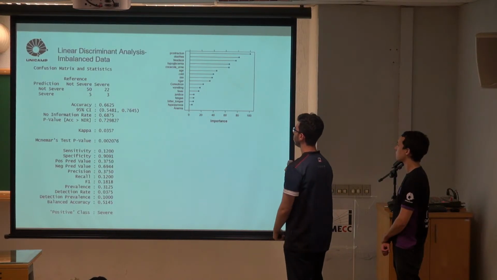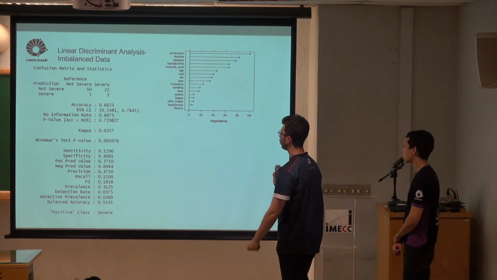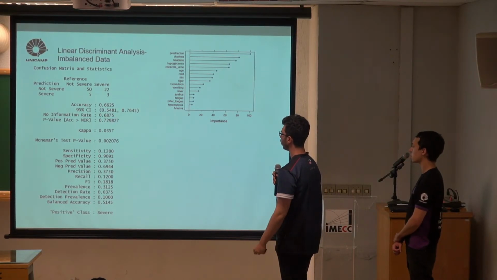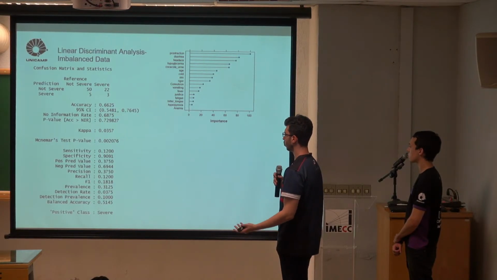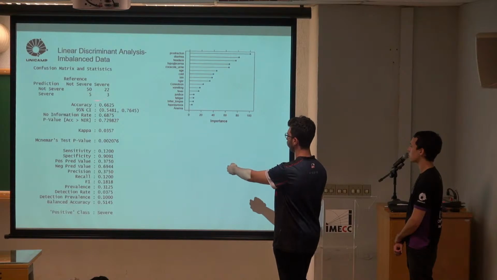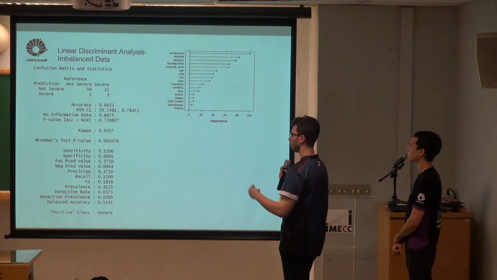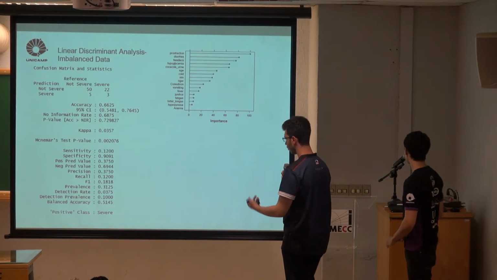Then we have linear discriminant analysis. We did it with the imbalanced data, and it shows 50 true negatives and just 3 true positives with a huge value of specificity, but accuracy of 66%, with prostration and diarrhea as the top 2 most important.